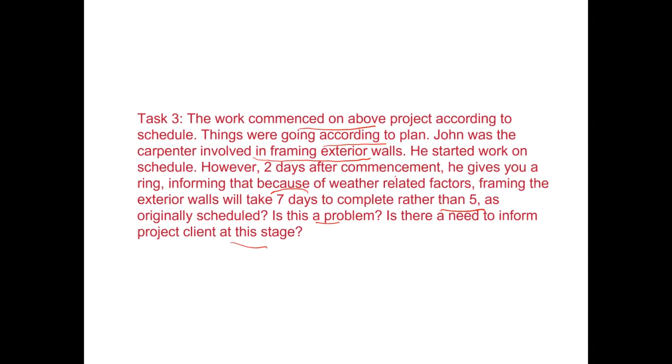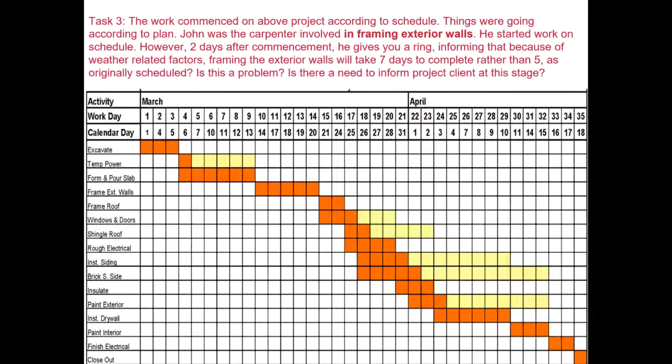Right? So you are running into a situation where one of the subcontractors working on this task, framing of exterior wall, is telling you that the initial plan was to deliver it in 5 days, but now it is going up by 2 days, and the new time is 7 days. So is it a cause of concern or not? We have to go back to our bar chart to see where we stand with this.